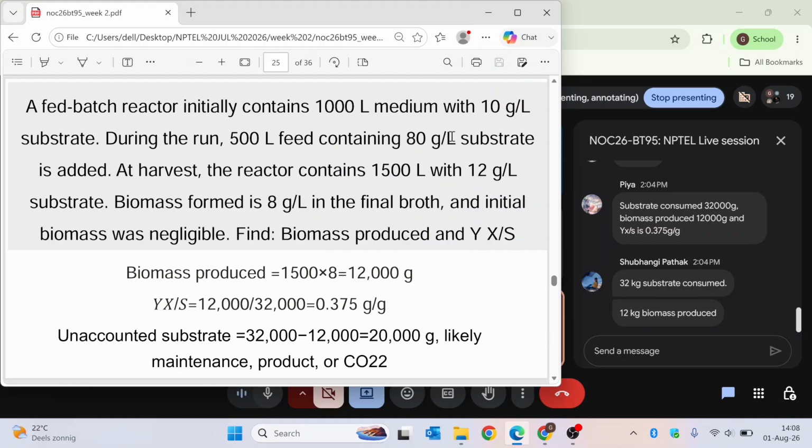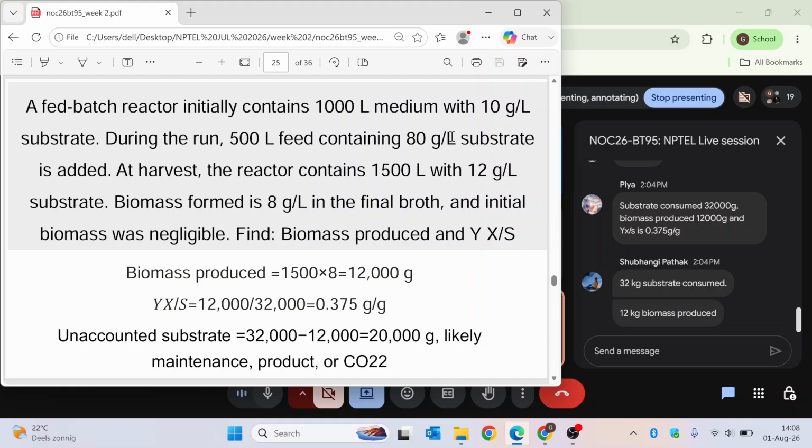Unaccounted substrate is, we had 32,000 consumed, but only 12,000 is converted to biomass. Similarly, there is a remaining 20,000 grams or 20 kilograms which is unaccounted. So this unaccounted can be used for maintenance, or for something else.